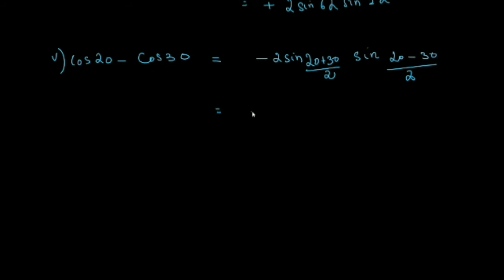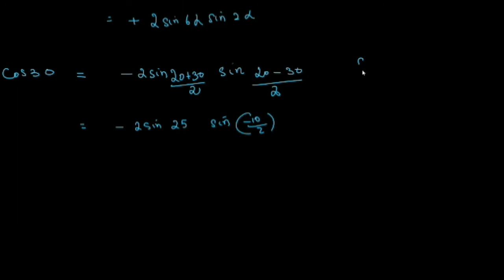So that is equal to minus 2 sine of 20 plus 30, 50 by 2, that is 25, and minus 10 by 2, so that is minus 5. Now what is sine of minus 5? What will you do with minus? It will become minus sine 5, so this minus sign becomes plus. So 2 sine 25 sine 5.